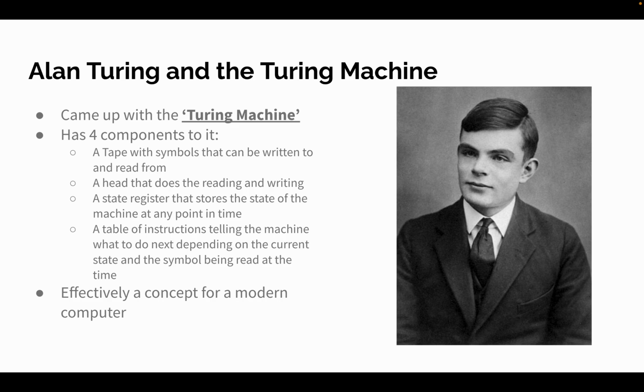You have a tape head that does the reading and writing, so a head that reads and writes to the tape. You have a state register that stores the state of the machine at any point in time, and then a table of instructions that tells the machine what it should do next, depending on the current state and the symbol being read at that point in time. So this is the basis, the concept of a modern computer.